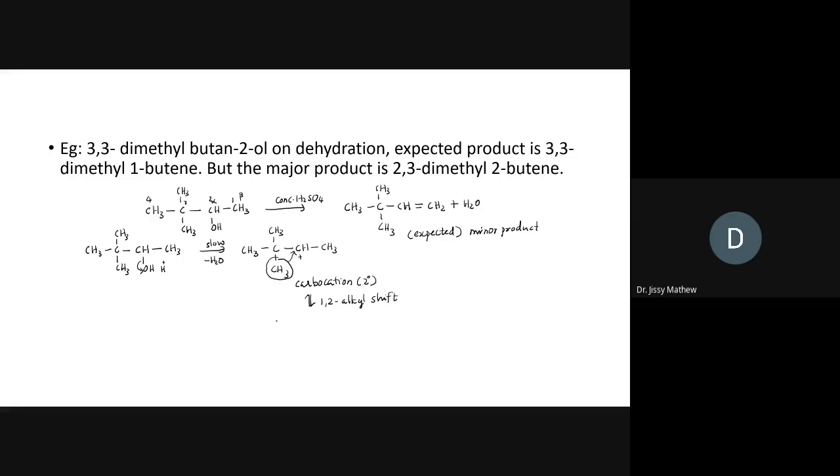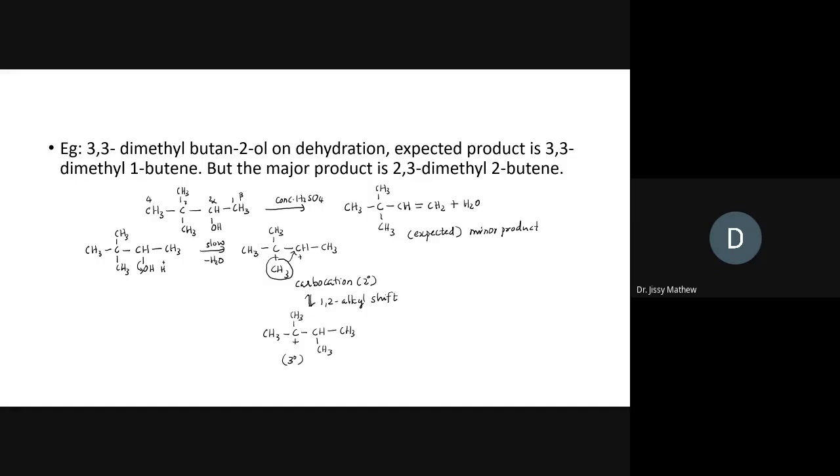So the intermediate formed will have this structure. And this is a tertiary carbocation. And a tertiary cation is more stable compared to a secondary cation.